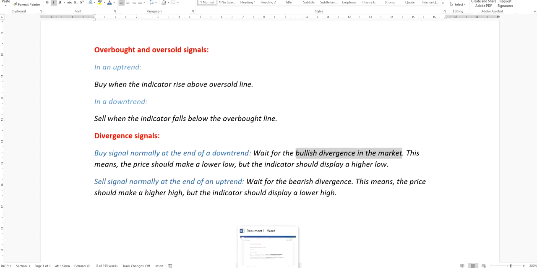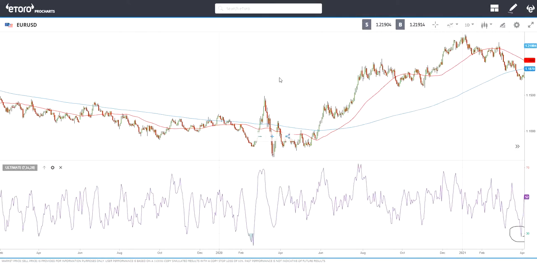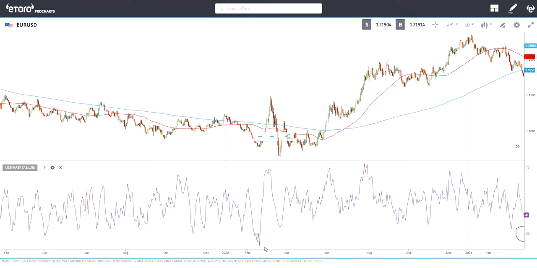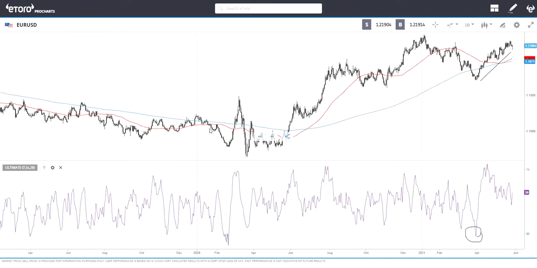We go back to the chart and we look for the divergence that happened. Okay, so we are in a downtrend here. You can see the smaller moving average is below the bigger moving average, and so we are in a downtrend. Then here we can see the price is still making a lower low, and the indicator is making a higher low.